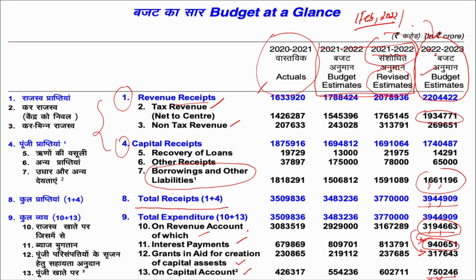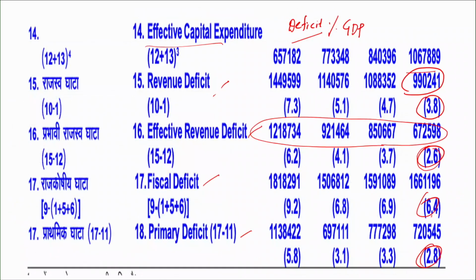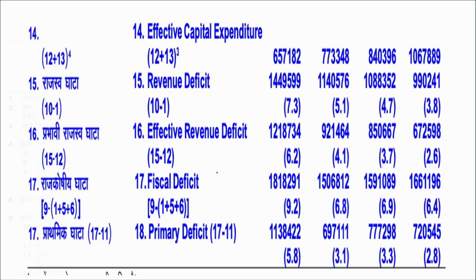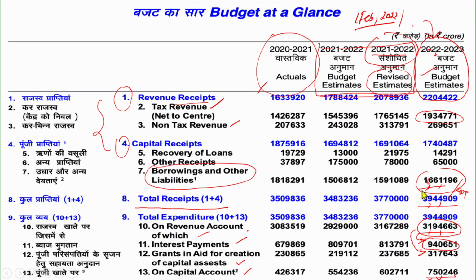If you express this as a percentage of our GDP, which is roughly around $3 trillion, that particular number comes to around 6.4% of our GDP. And if you have noticed, 16,61,196 crores is the fiscal deficit of this year, and that exactly matches the borrowings of this year.